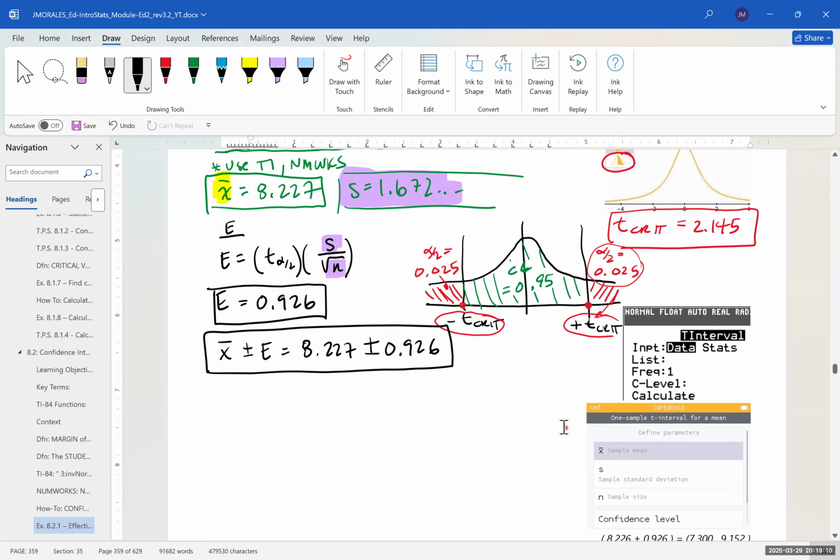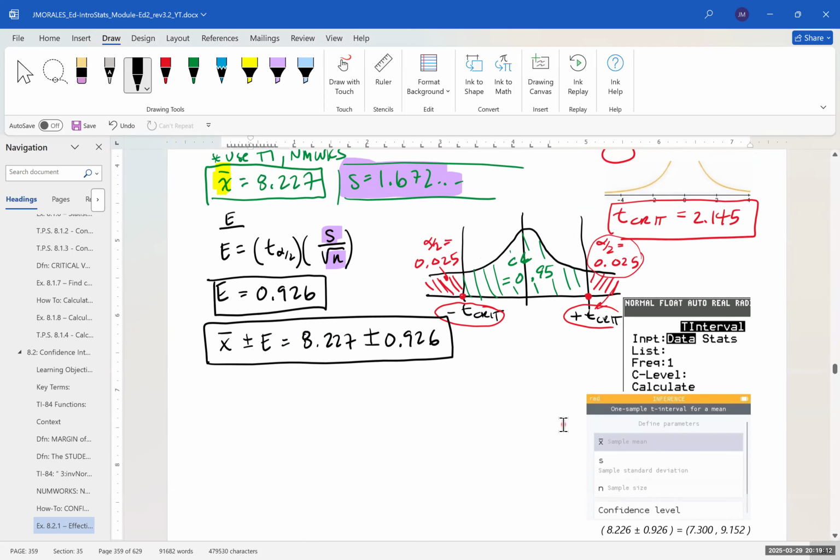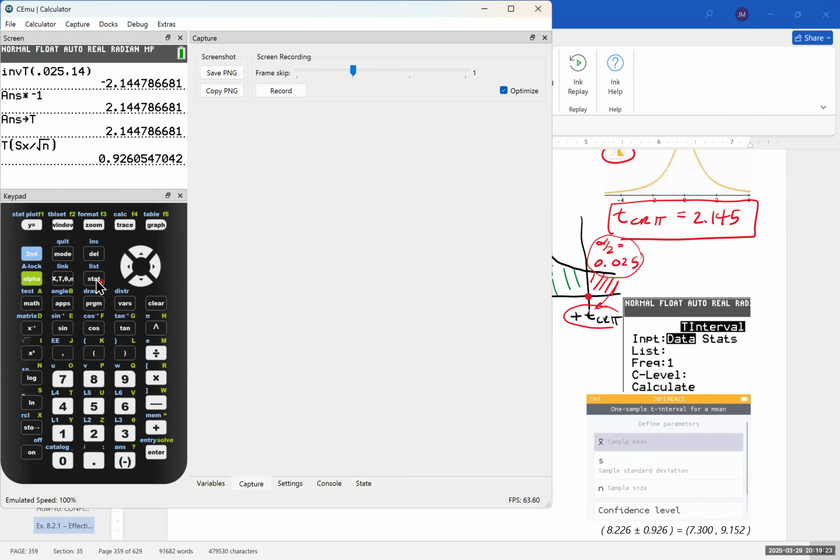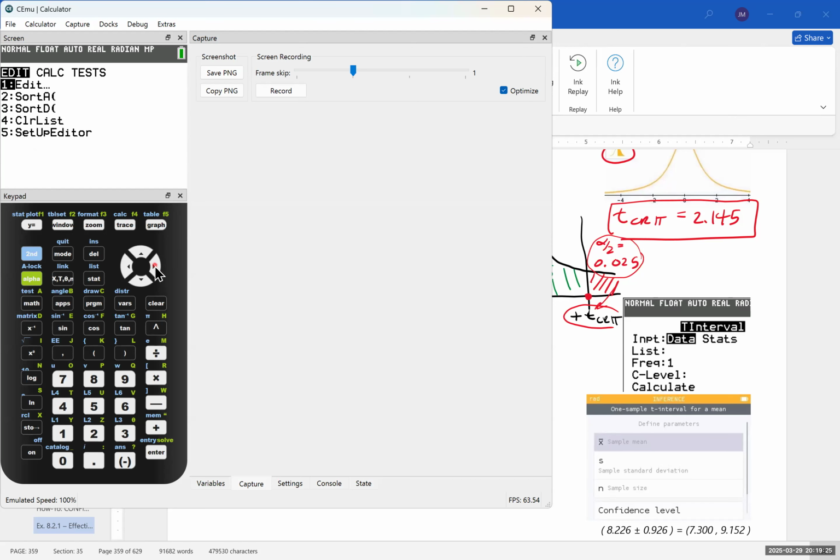Now we can check this answer by using the t-interval function. So let's go to the Texas Instruments. If we go to stat, go over to tests, and scroll down to, not z-interval. Now we're going to do t-interval because we're doing a student's t distribution. We want to input data.